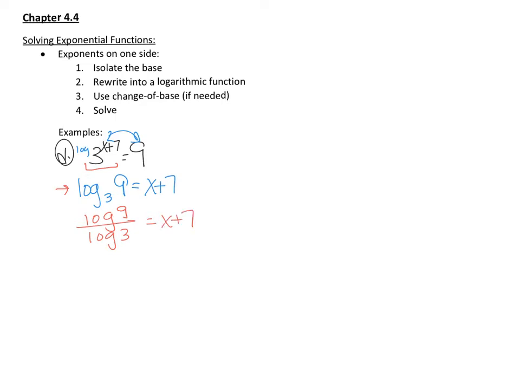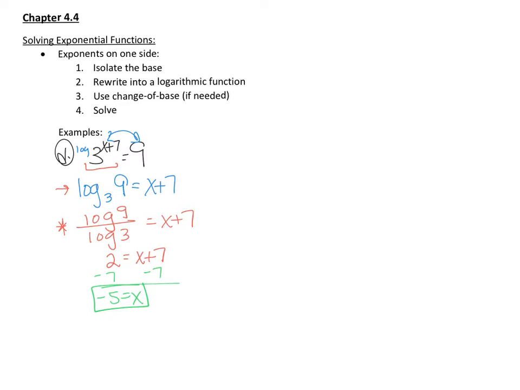Now all I need to do is go to the calculator and type in log 9 divided by log 3. Typing that in, I would get the number 2 equals x plus 7. And then I just continue to solve. So I'm going to subtract that 7 from both sides, and that would be my final answer.